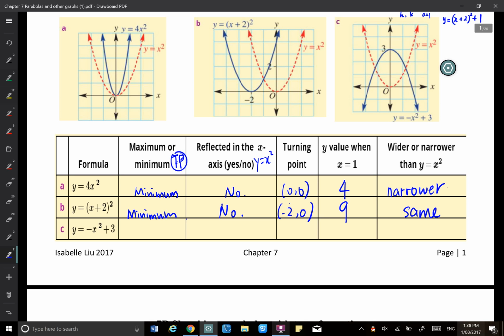For C, do you have a maximum turning point or minimum turning point? Maximum, it's upside down. Is that reflected? Yes, reflected down. What's the turning point? (0, 3). When x equals 1, what's the y value?